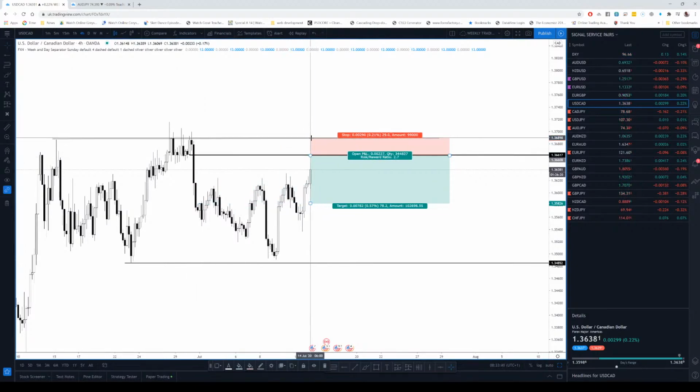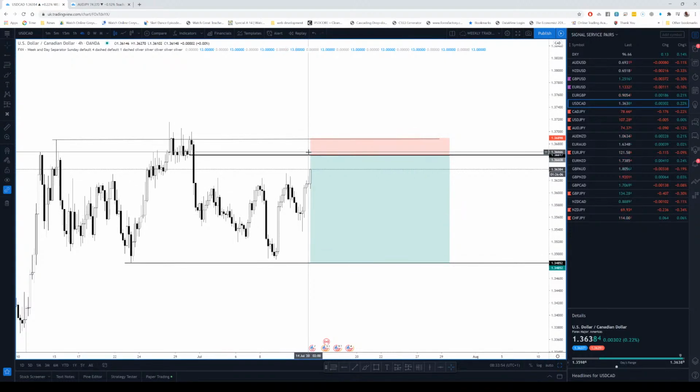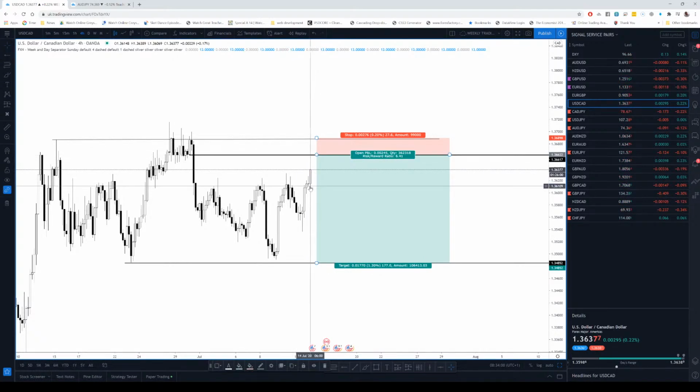Price doesn't have to go above this high, so that's where I'll place my stop. I can sell it straight as it's coming up, and then I'll target these equal lows. But I don't want to sell it straight as it's coming up. I want to see some form of a rejection. So price gets here, gives me a rejection, and then I will sell it back down to clear these equal lows.